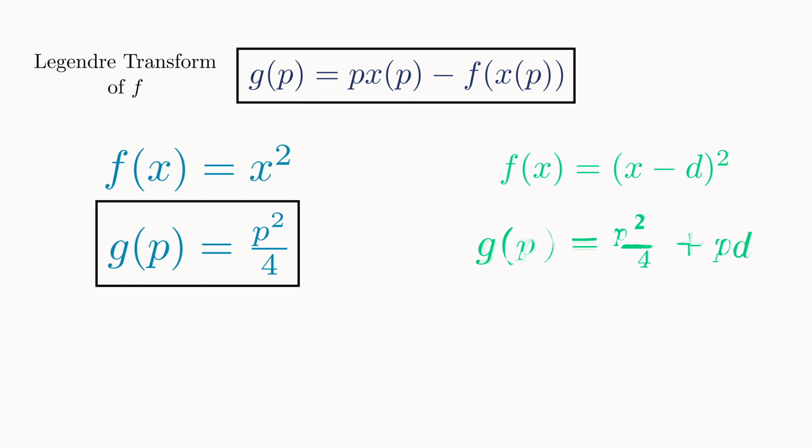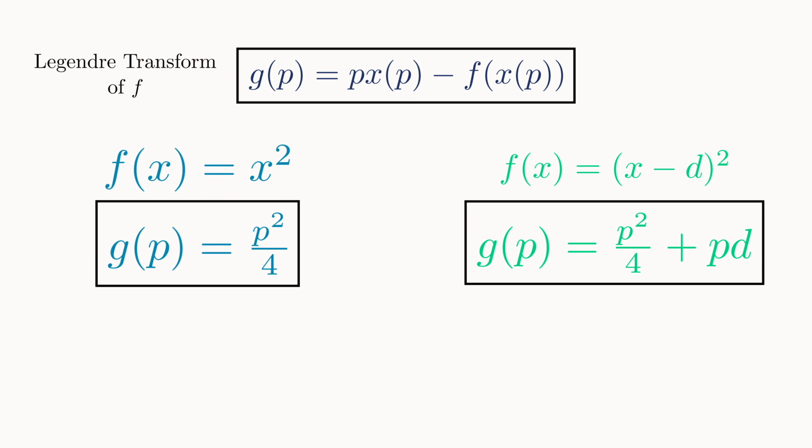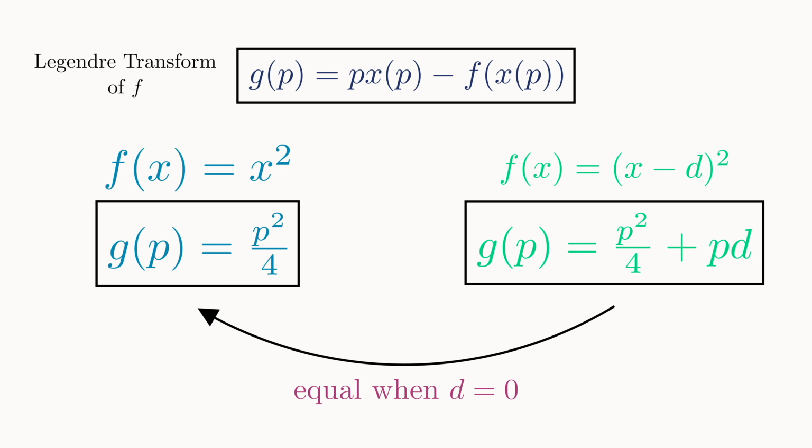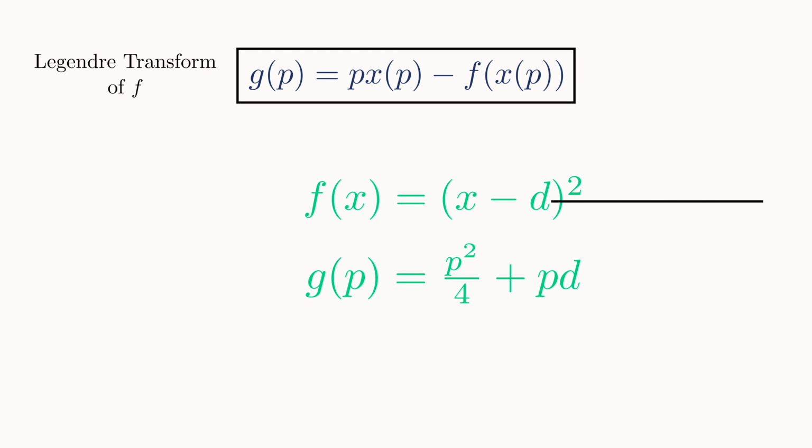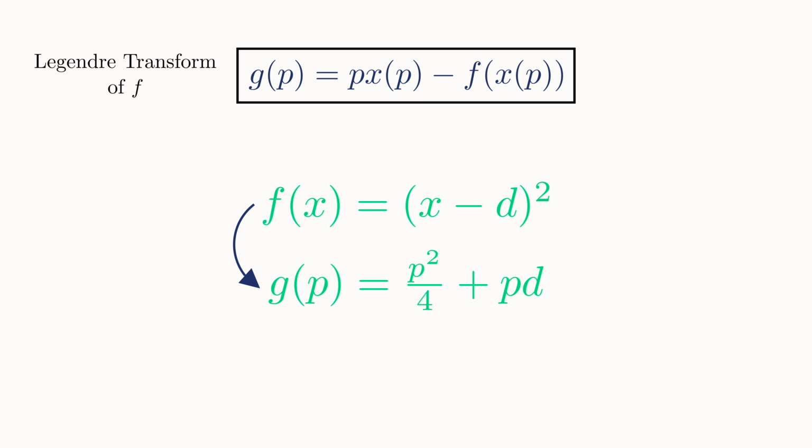As you can see from the equation on the right, we have no longer lost information about d. It is only when d equals 0 that the equation on the right reduces to the one on the left. Since we've now incorporated info about the y-intercepts of tangent lines, each of the original functions of x maps to a unique function of p.